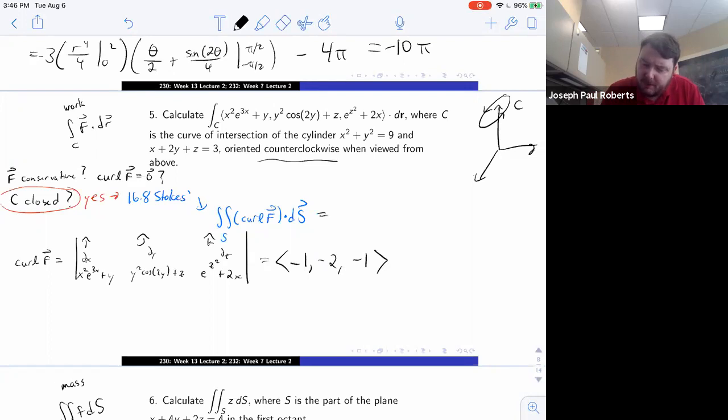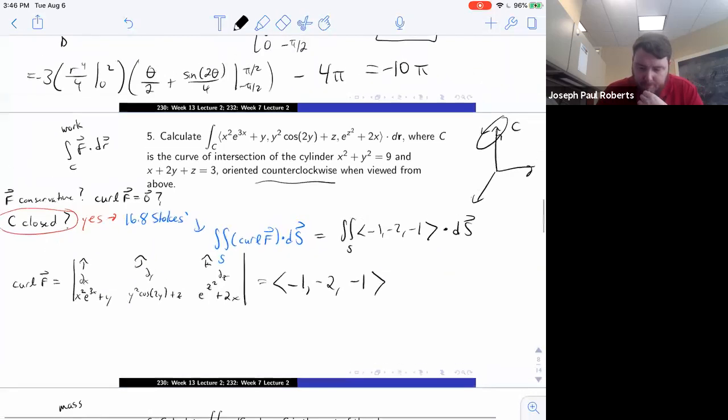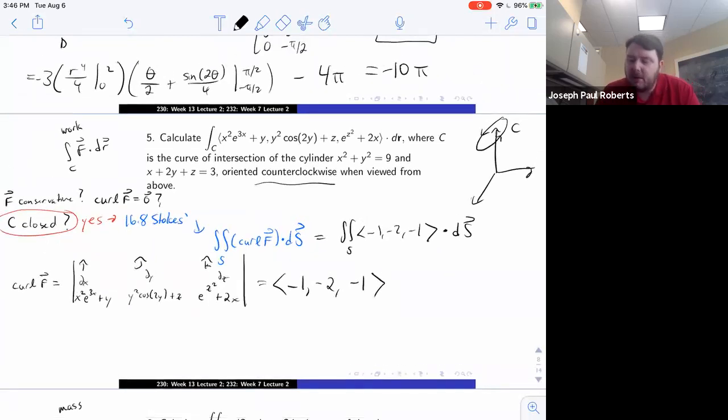So anyway, the curl of this is pretty simple, luckily enough. So I'm doing the flux of the vector field minus 2, minus 1, minus 2, minus 1. Okay, and so now I actually have to do a surface integral here. So this is what I'm going to call PQR.